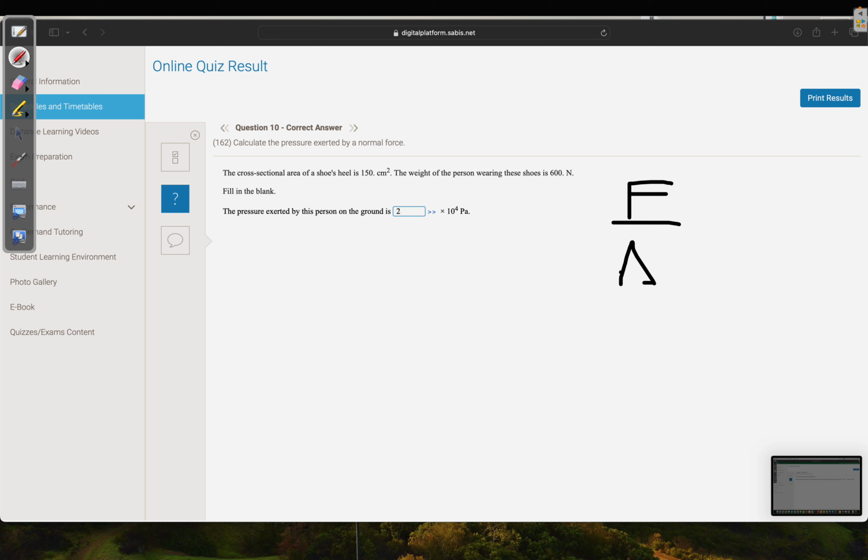Here they gave us the area of one shoe, but it's going to be two shoes, as the person is standing on 2 feet, not 1. If they didn't specify, that means the person is standing on 2 feet. So that means the area that's interacting with the floor is 300 centimeters squared.